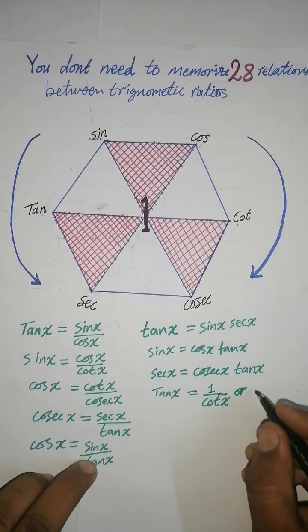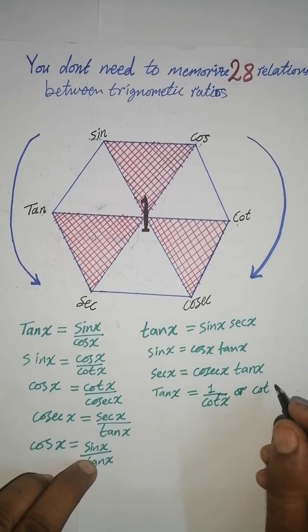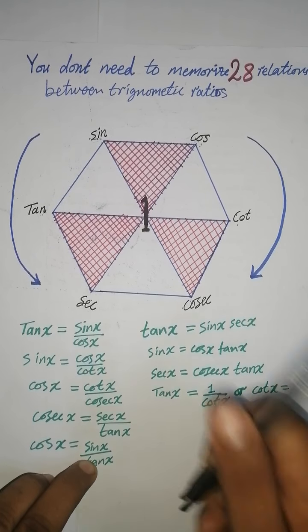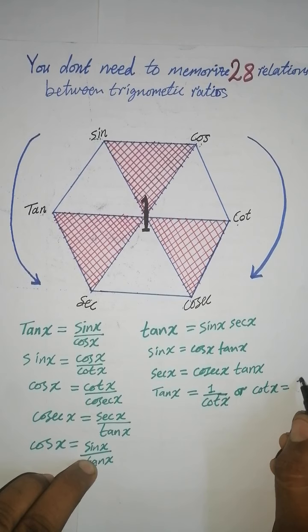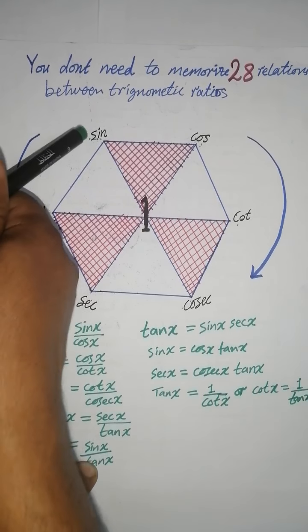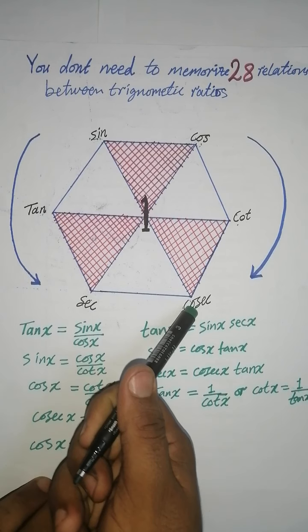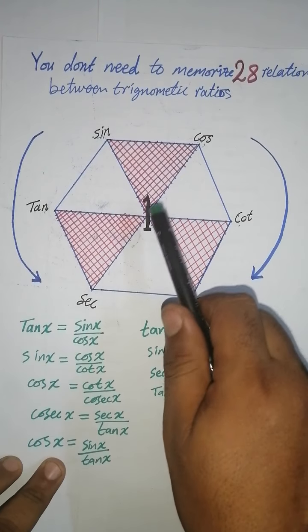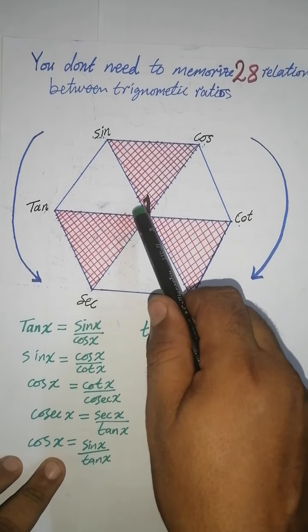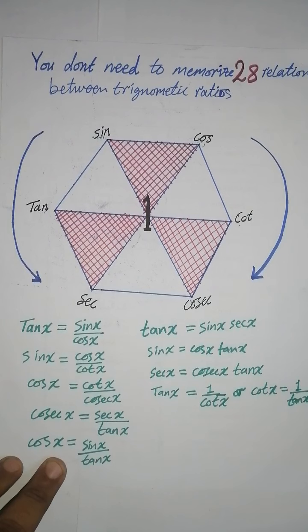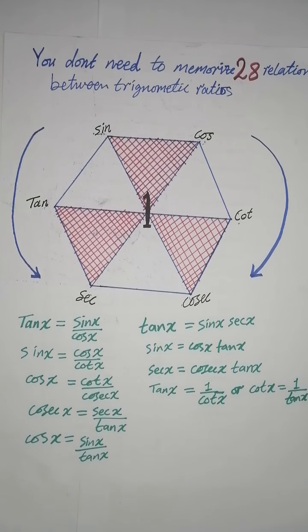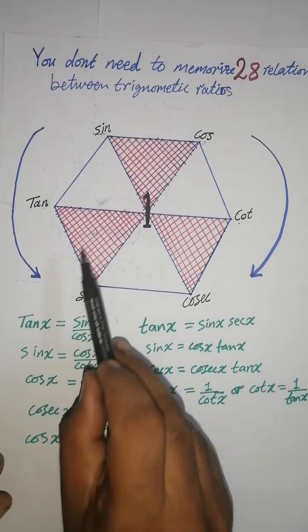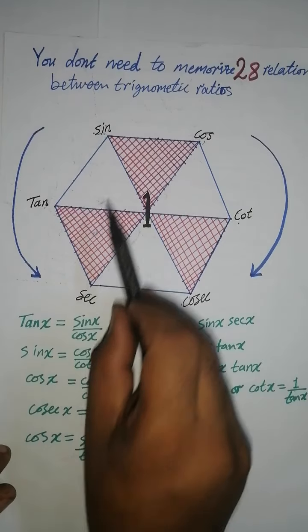Or cotan x equals 1 over tan x. Even sine equals 1 over cosec, and cosec equals 1 over sine, cosine equals 1 over sec, and sec equals 1 over cosine.